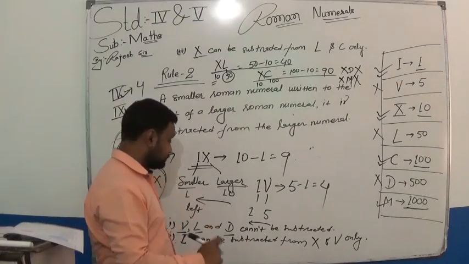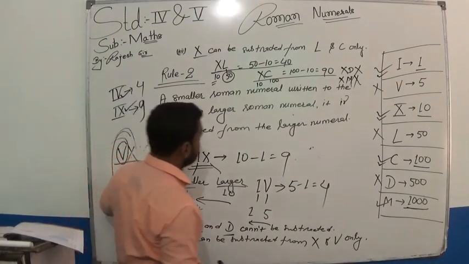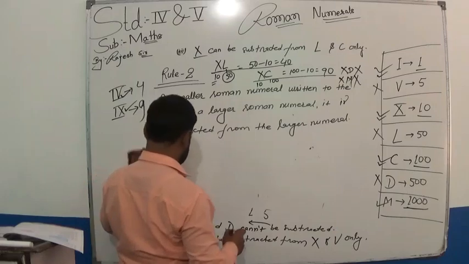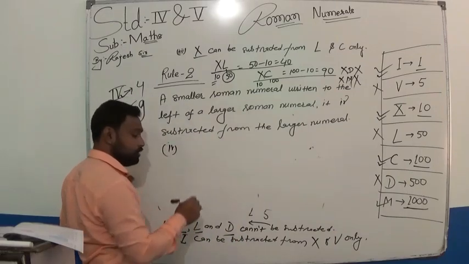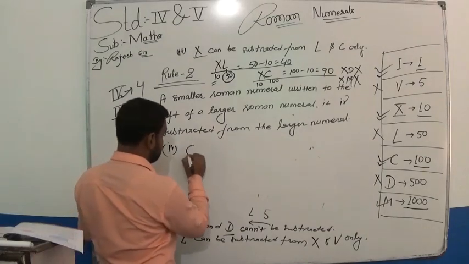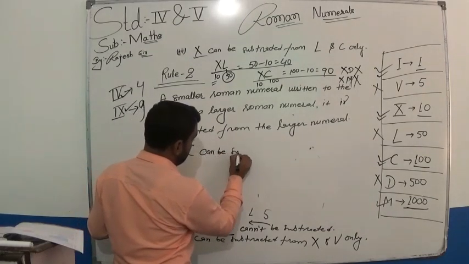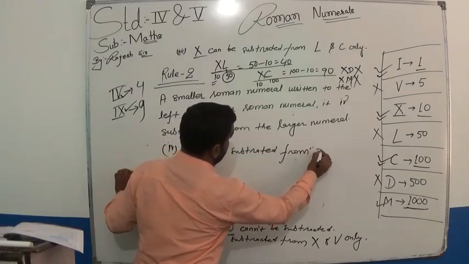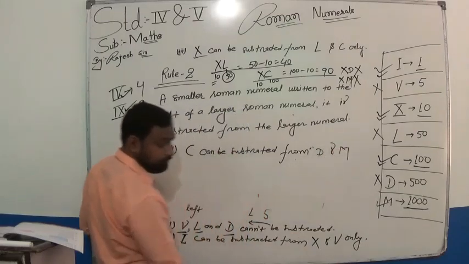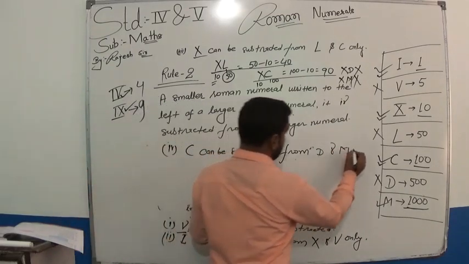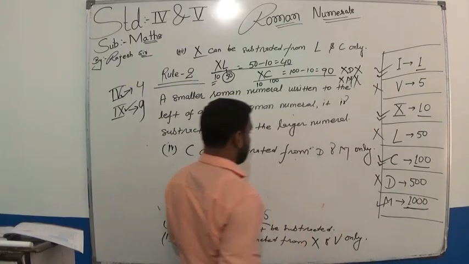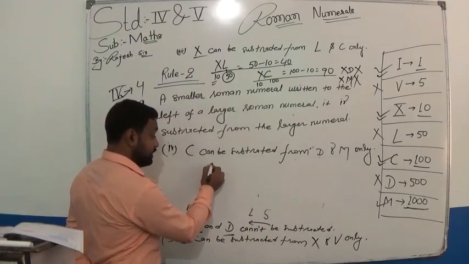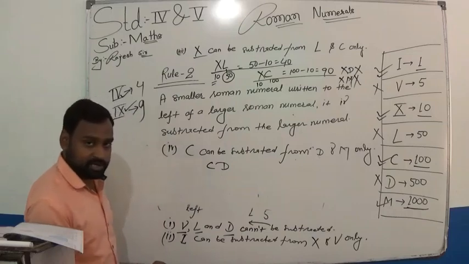Now, number 4. That is, C can be subtracted from D and M only. We can write CD.